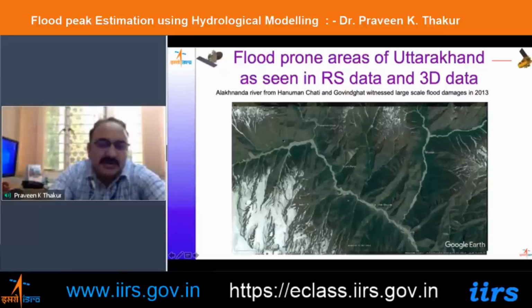Those three land use land cover classes generate very high runoff and very little infiltration as compared to the forested area or the other agricultural area found in these high mountainous regions.